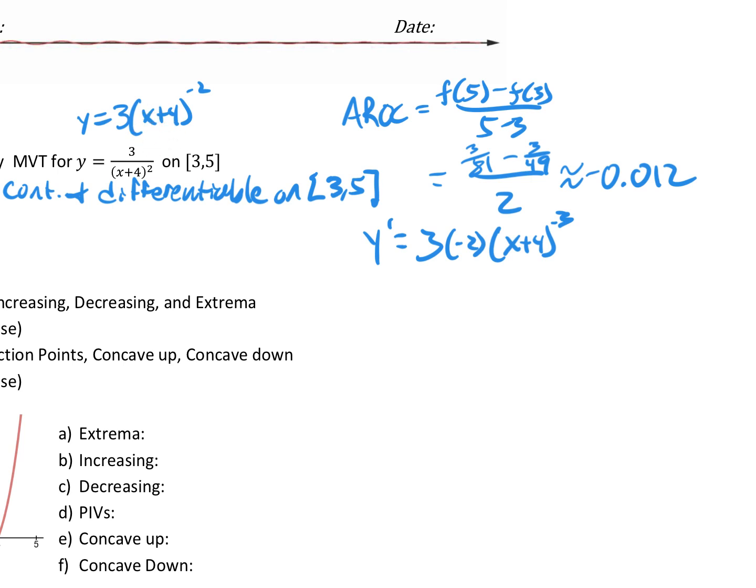And the derivative of the inside is 1, so we would need a times 1, but that doesn't change anything. So this is negative 6 (x plus 4) to the negative third. So we want to find out where these are equal to each other. Negative 6 (x plus 4) to the negative third is approximately equal to, we want to find out where that's equal to, let's just say negative 0.012.